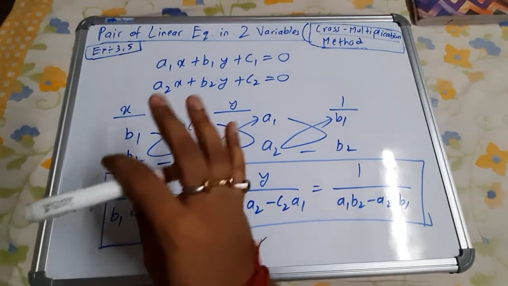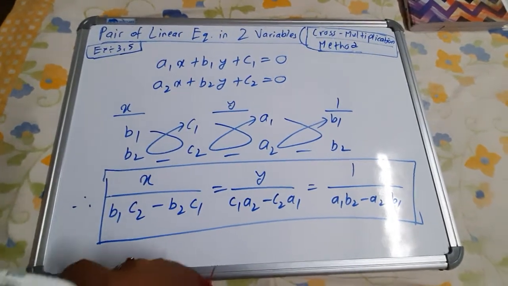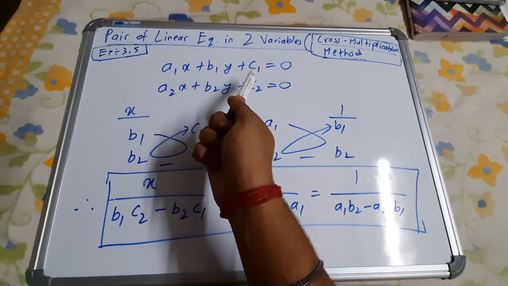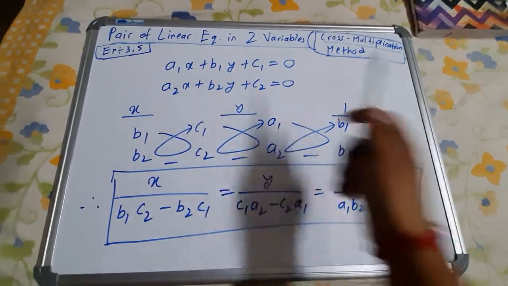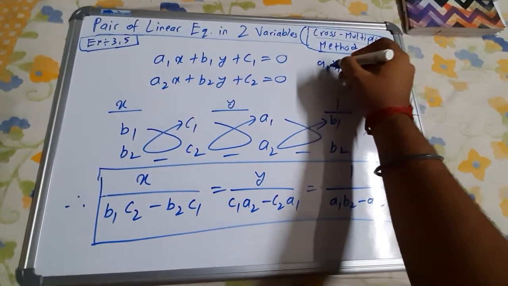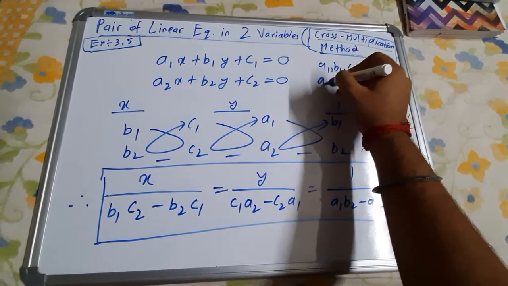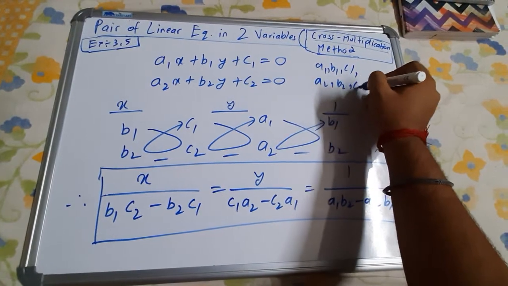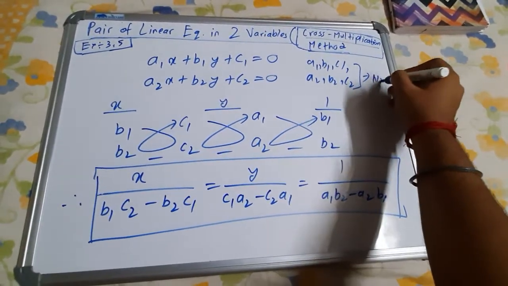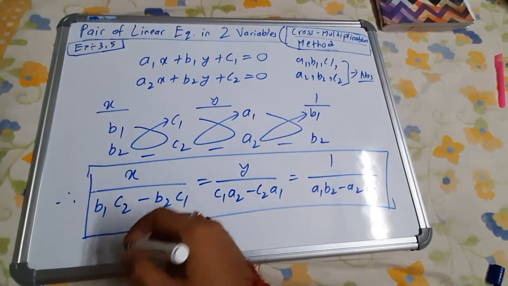In this type of method, we need the equation in this form. Actually, the linear equation is in this form only. See a1, b1, c1 and a2, b2, c2. They are all numbers, all constants.